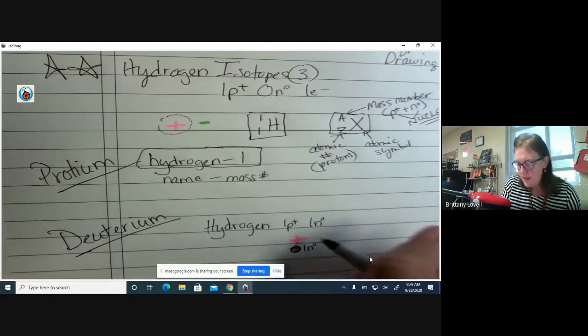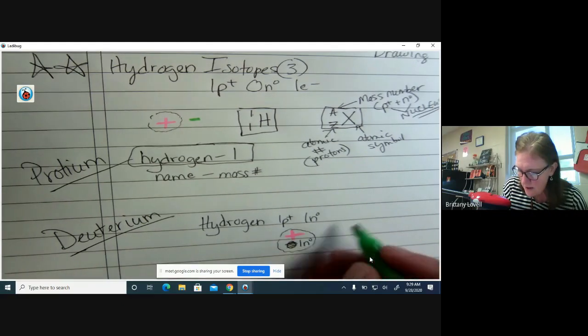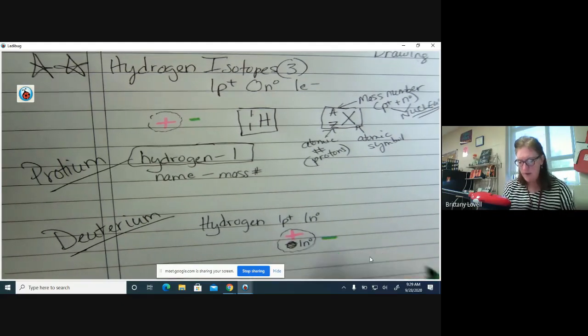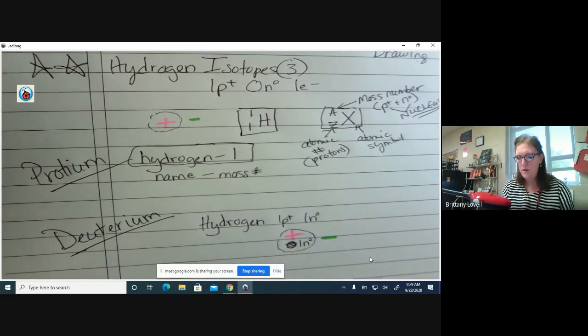And then I'm going to put this in a circle because I want to show that that's my nucleus. And then outside of the nucleus, we're still just going to have 1 electron. Because hydrogen, its protons never change. The protons is always 1, and since we're drawing neutral atoms, we just got to make sure we cancel these things out. 1 proton, 1 electron.